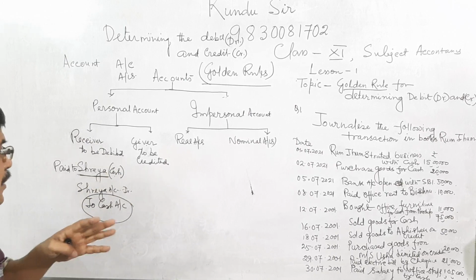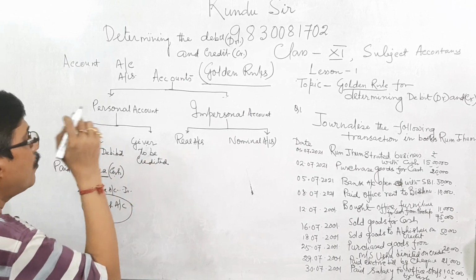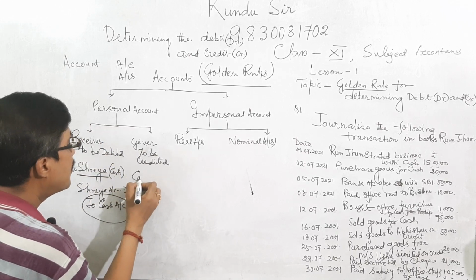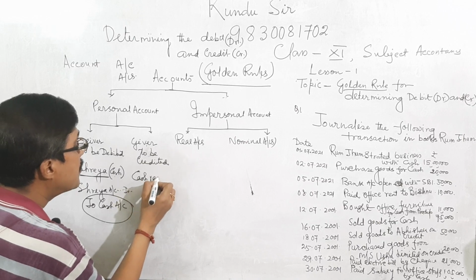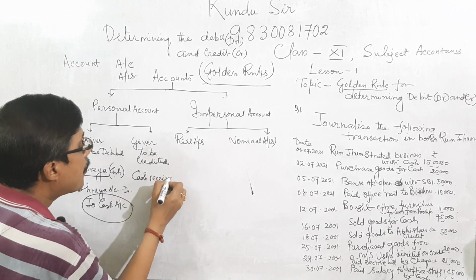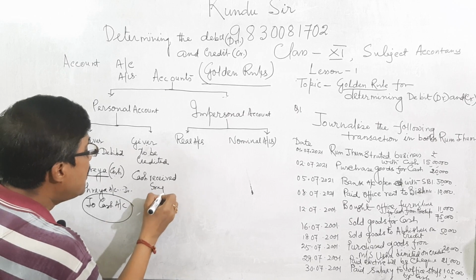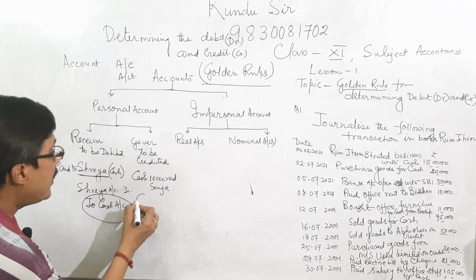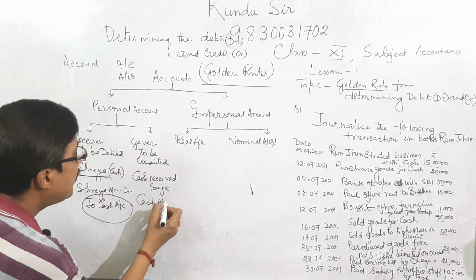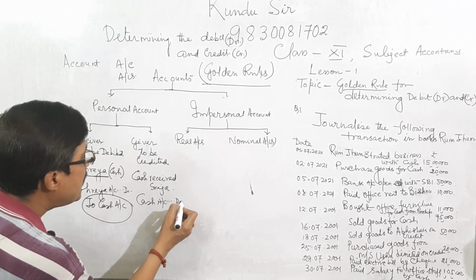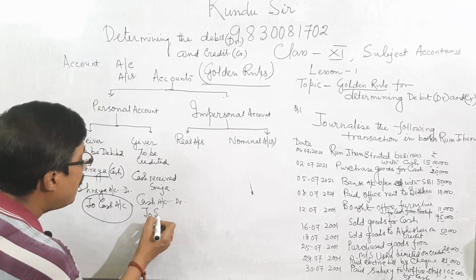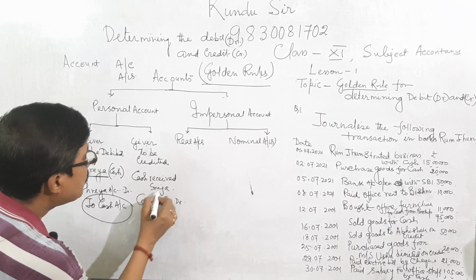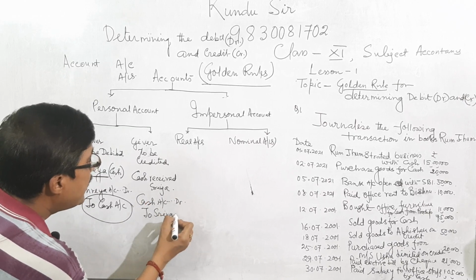Now, you are receiving money from Srija, that is, cash received from Srija. That means you are receiving cash, so cash account will be debited. Srija is the giver, so Srija will be credited.